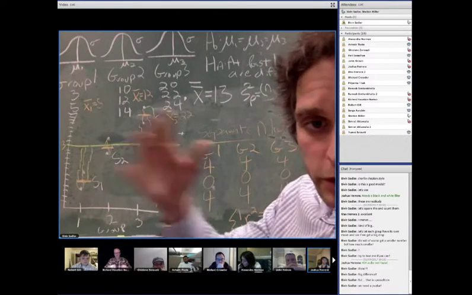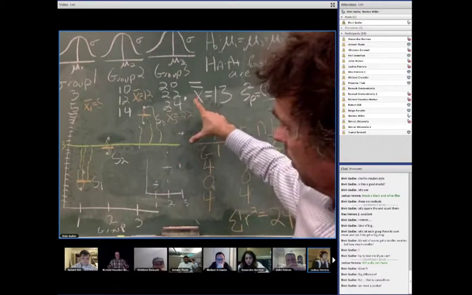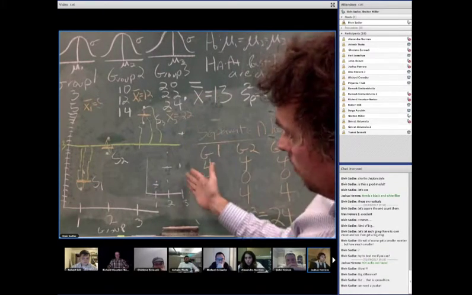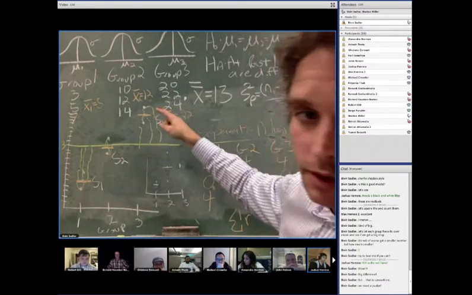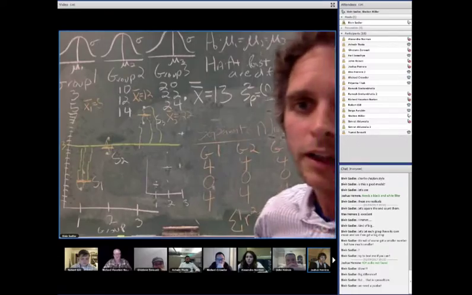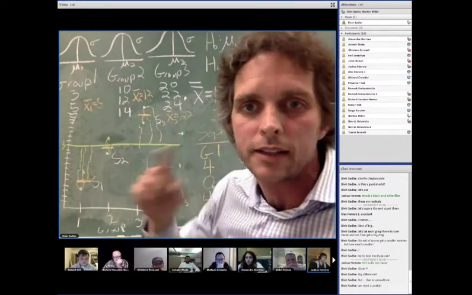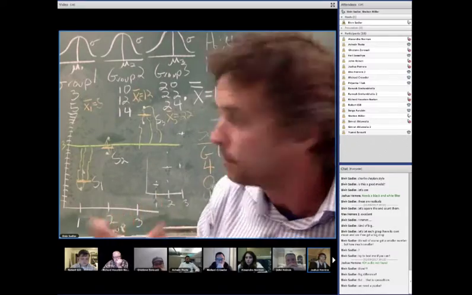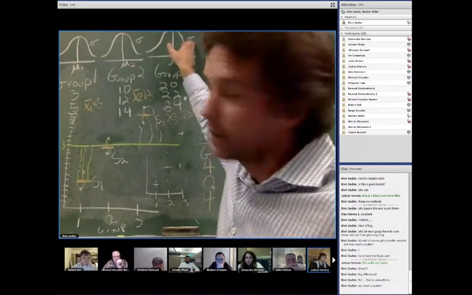But number 2, more importantly, it's going to allow us to use all 9 of these observations to estimate the standard error, because our assumption is that all 9 of them are estimating the same standard deviation. If that was not true, I would have to use these to estimate one, these to estimate another, and these to estimate another, and I wouldn't be able to pool the standard deviation.